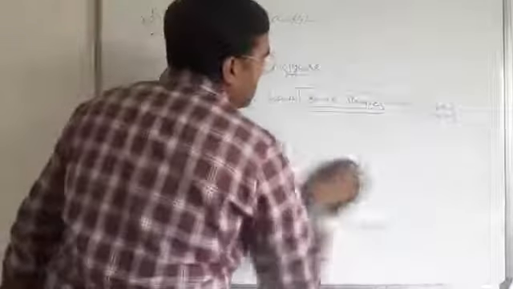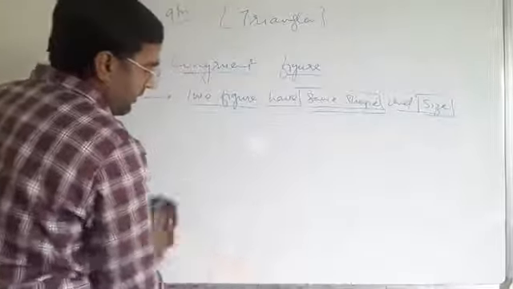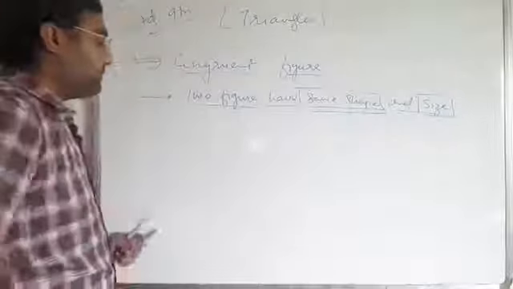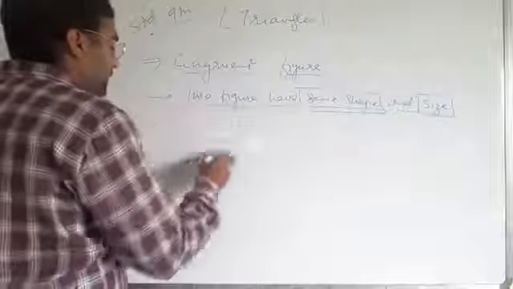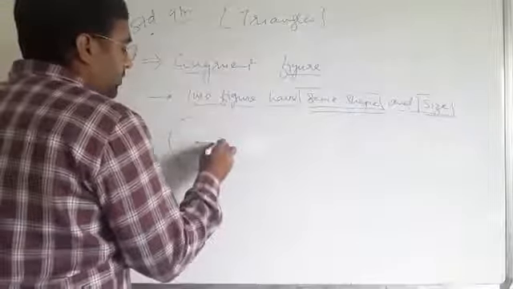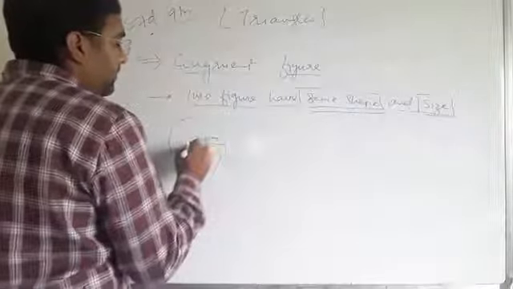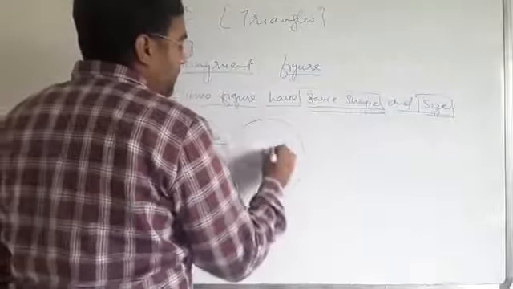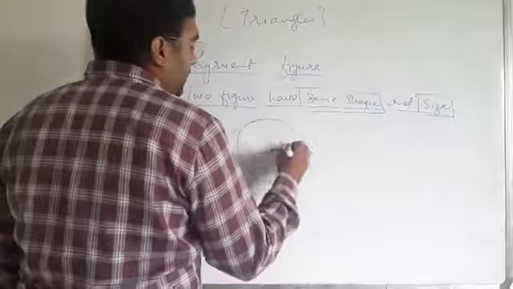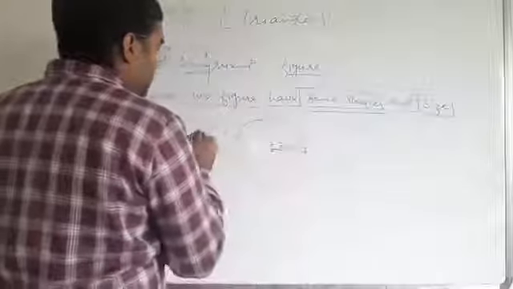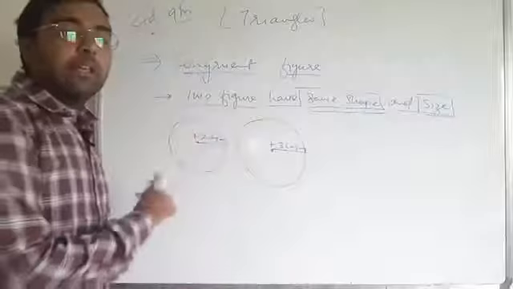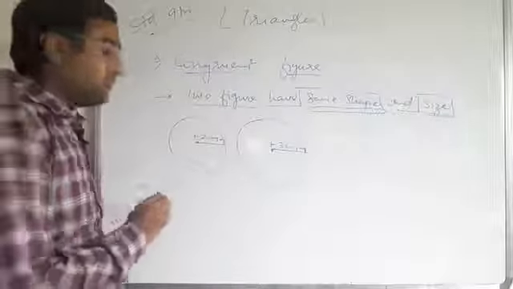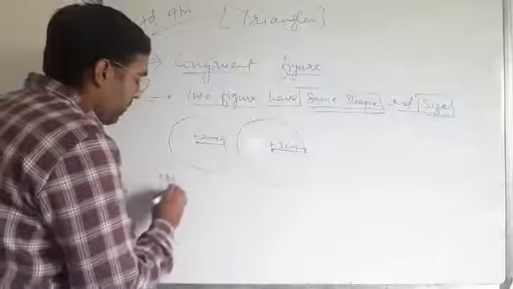Now I'll draw another figure, a circle. One circle has a radius of 2 centimeters, and the other has a radius of 3 centimeters. Can I say both circles are congruent? No, I am not saying that.